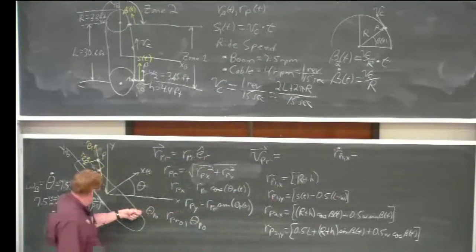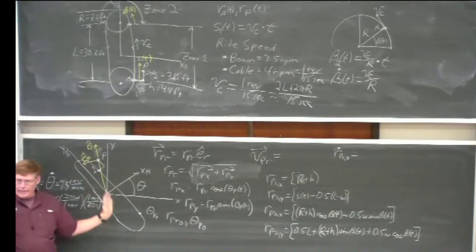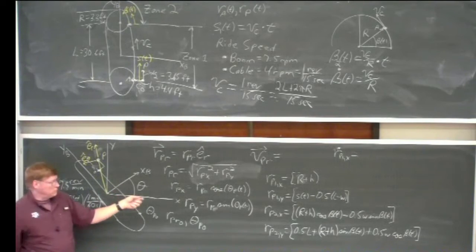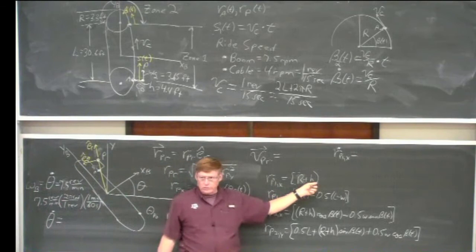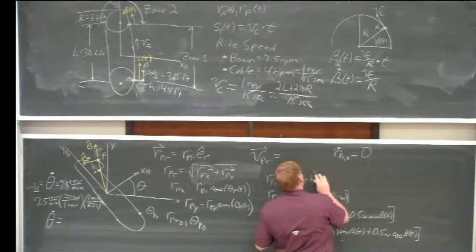When you're on the straightaway, this portion right here, in the XB direction, does that position change with respect to time? The X component, R plus H. It's a constant number. So what does this work out to be? 0.